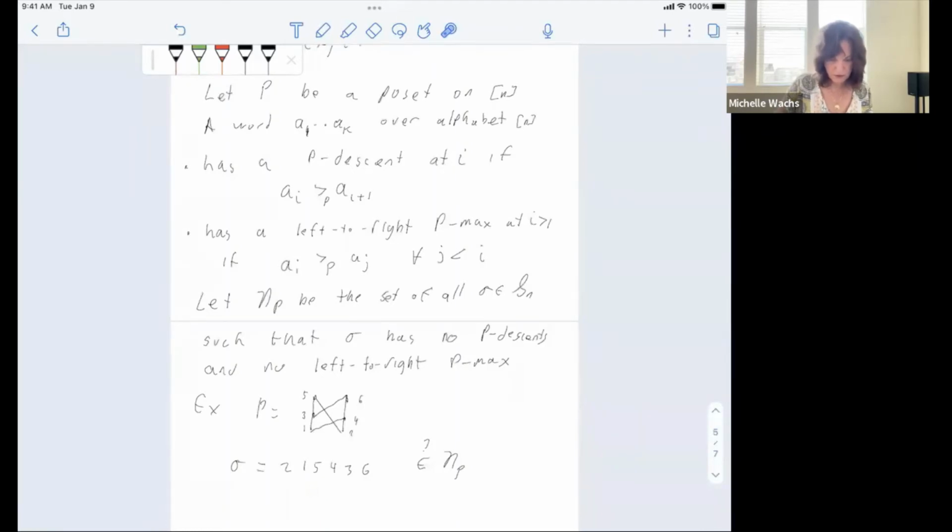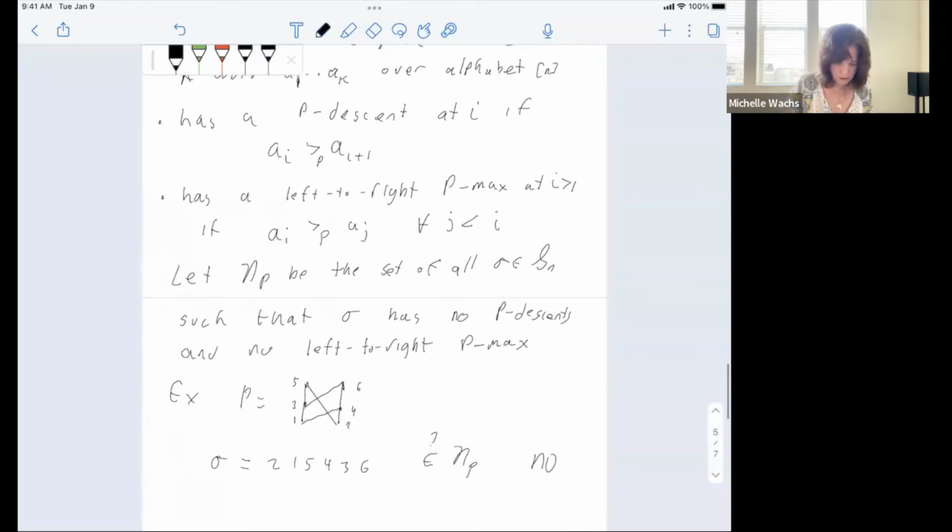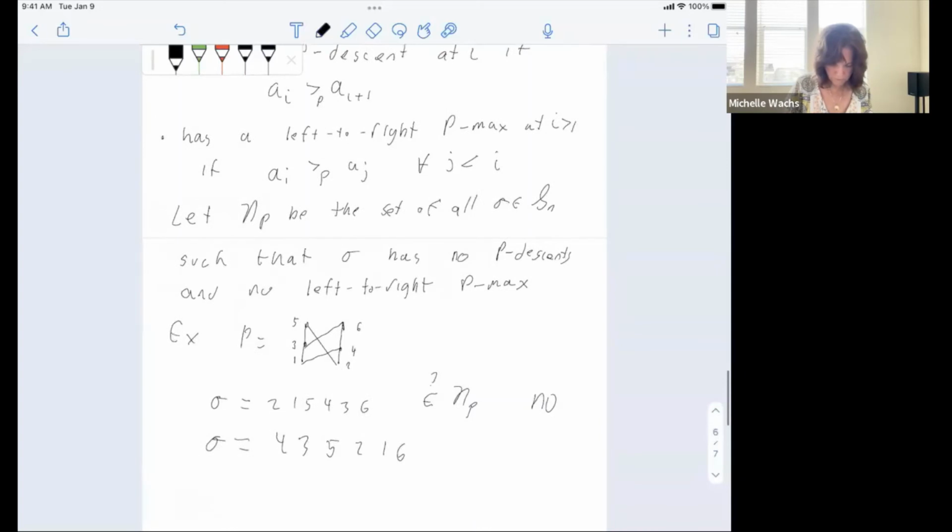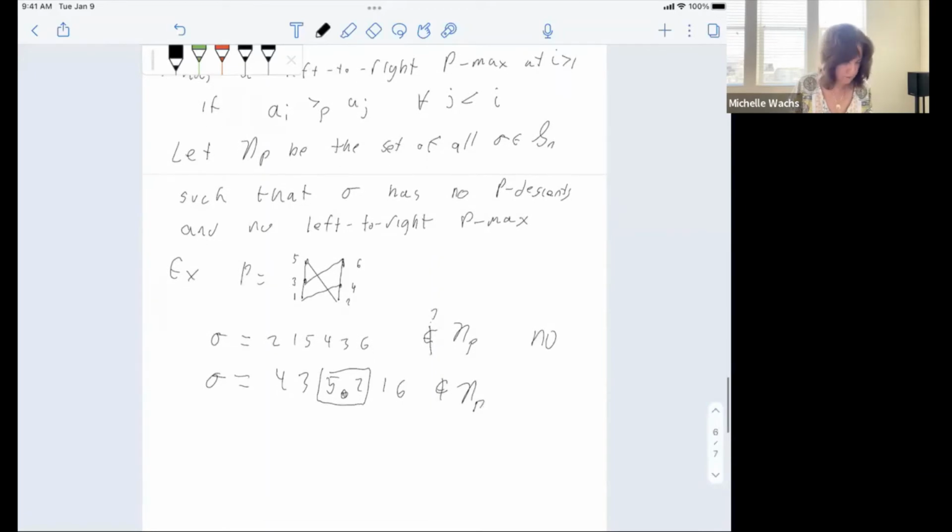So the answer is no, that's not in there. And I can do another one. This time, if we look at this pair, there is a P descent there because 5 is bigger than 2 in the poset. So that also does not belong to N_P. This one does not belong and that does not belong.